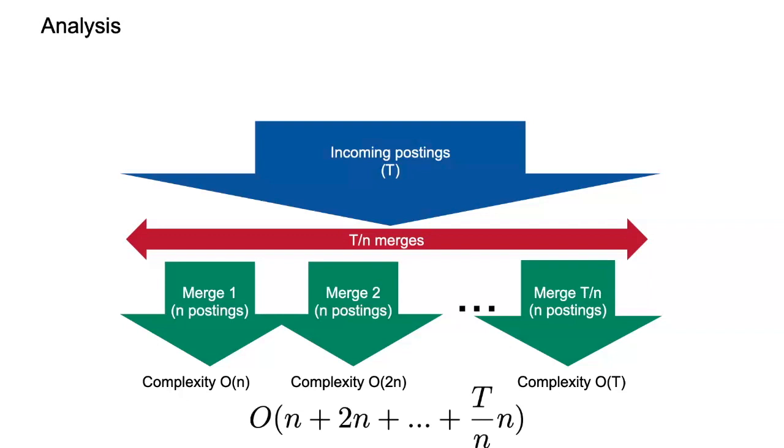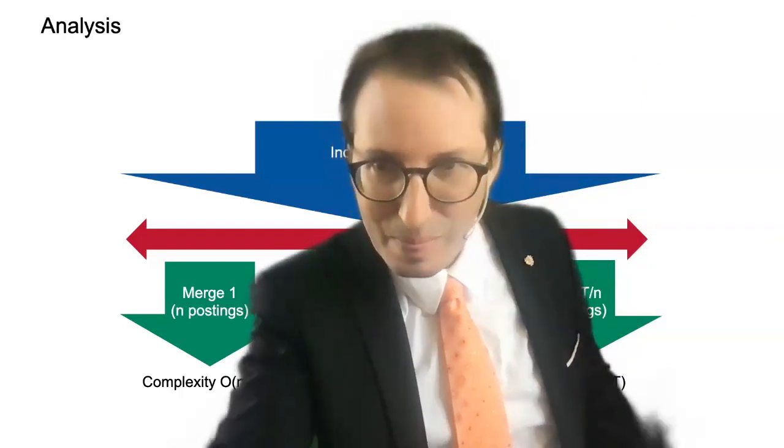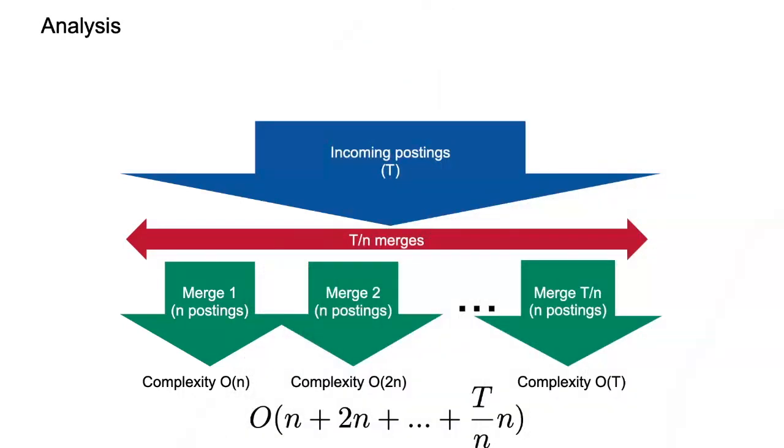That's exactly the idea. So 1 plus 2 plus all the way to T over n, and then we just factor out the small n. So basically, it's going to be T over n times T over n plus 1, divided by 2.